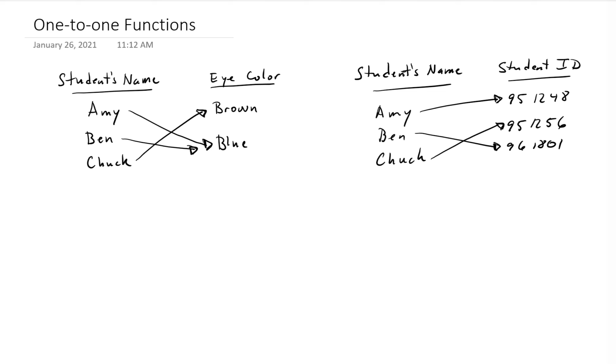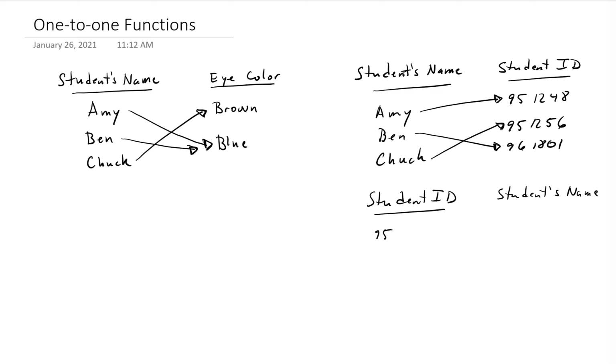So if we try to look if the student name is a function of the eye color, that's not true. However, if we try to see if the student's name is a function of the student ID, that's true. So this is still a function. In other words, I could also have the function student ID and student's name, and that would still be a function.